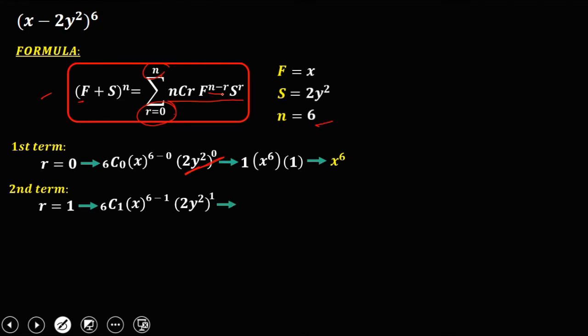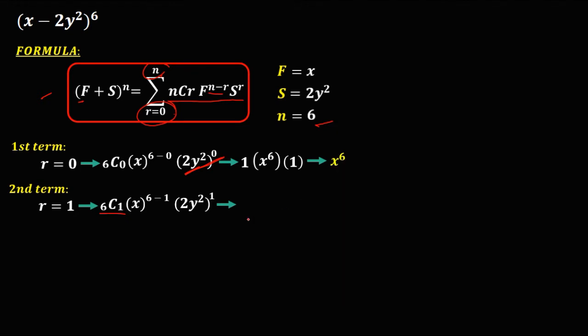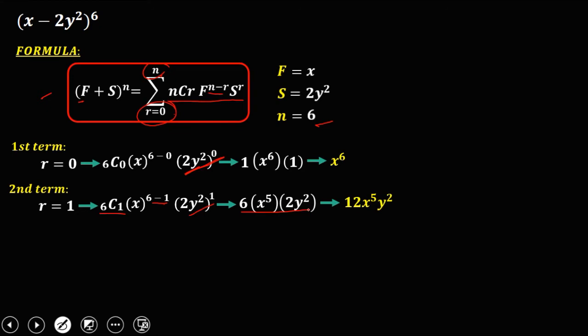Then simplify: 6 choose 1 is 6, then 6 minus 1 is 5, and 2y squared to the power 1 is 2y squared. Then you multiply, and this is 12x to the power 5, y to the power 2.